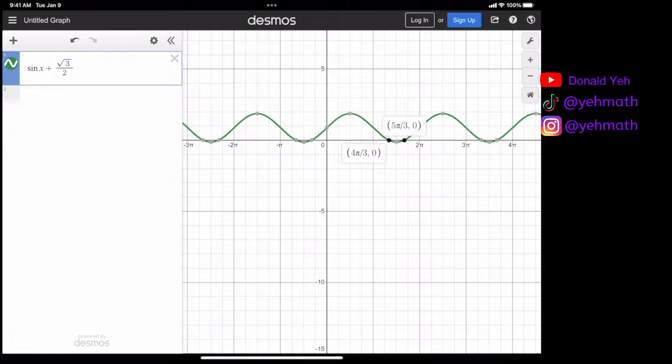But the problem is we're not doing sine of x. We're actually doing sine of 2x. So what happens if you increase the x? What does it do? Is the graph going to be expanding or compressing? Expanding or compressing? Come on, simple math question.